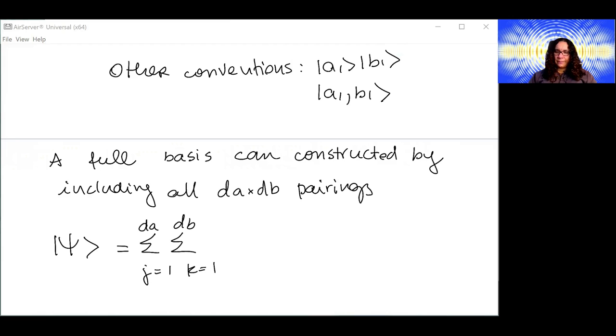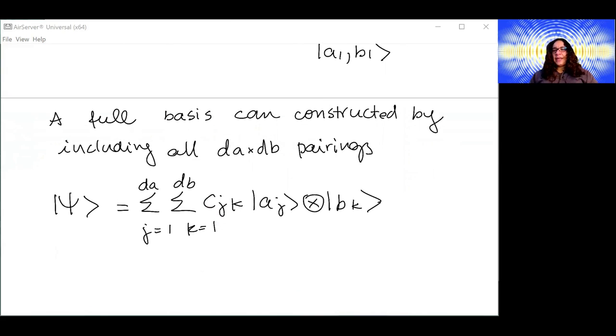So you have the sum over J going from 1 to dA, which is the dimension of A, and the sum over K going from 1 to dB, of CJK, AJ tensor product BK, and these are coefficients which are specific to this vector you're constructing.